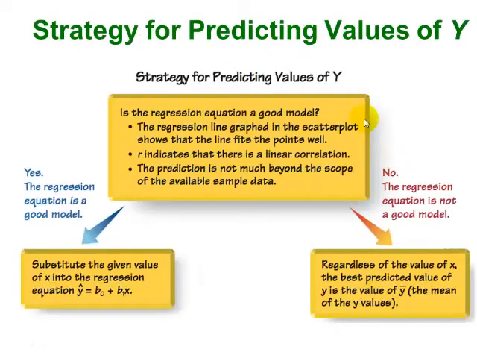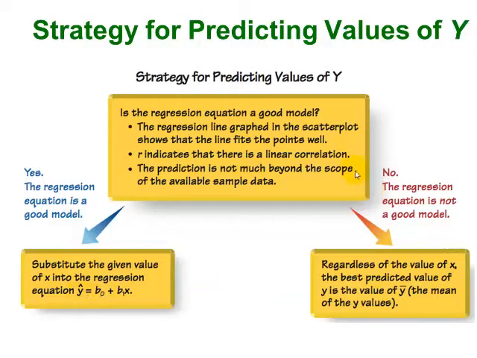Okay, so here's a little flow chart for doing this. If we want to predict values of y, first we have to look at whether the regression equation is a good model. So here are the three questions that we have to answer. If the answer to all three of these is yes, then the regression equation is a good model, and all we do is substitute our value of x into our regression equation, and that gives us our value for y hat, our predicted value.